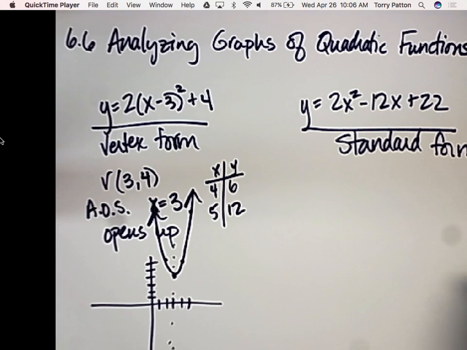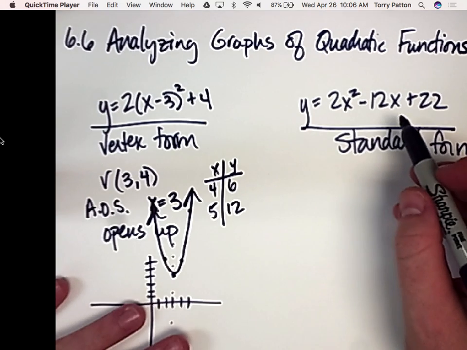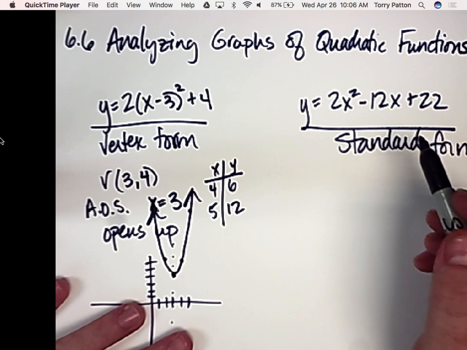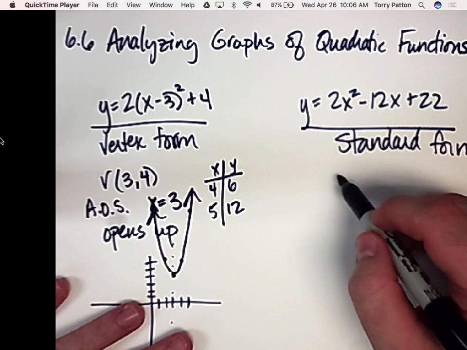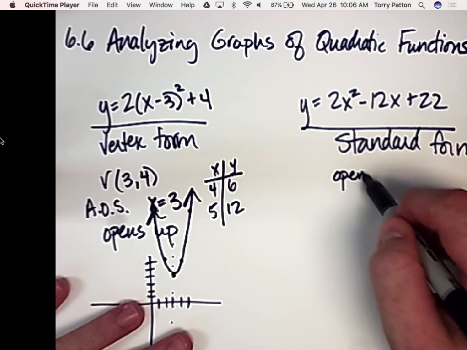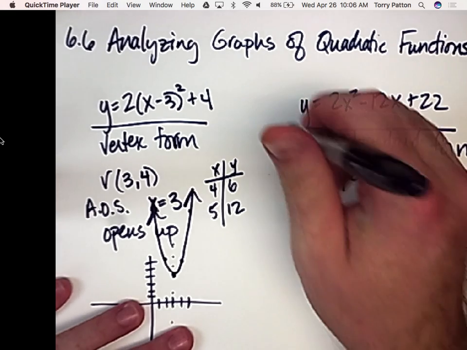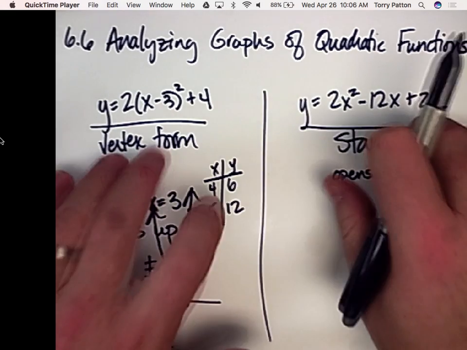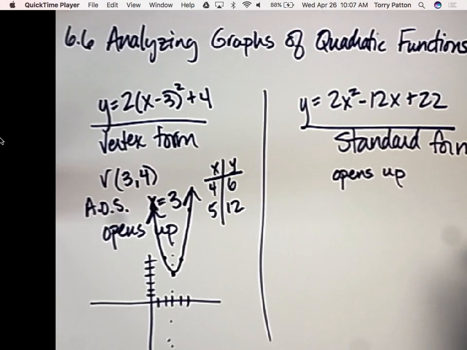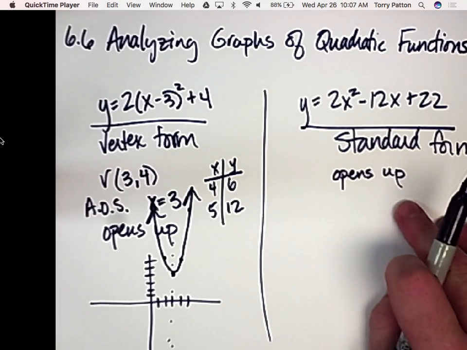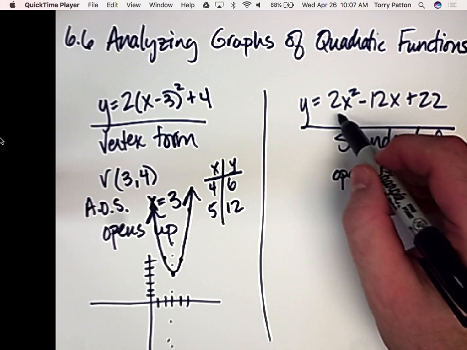Okay? This one, we still know it opens up. Why, if you only knew this? These are the same, so if I graph it, it's going to look just like that. But why do we know it opens up? A is positive.